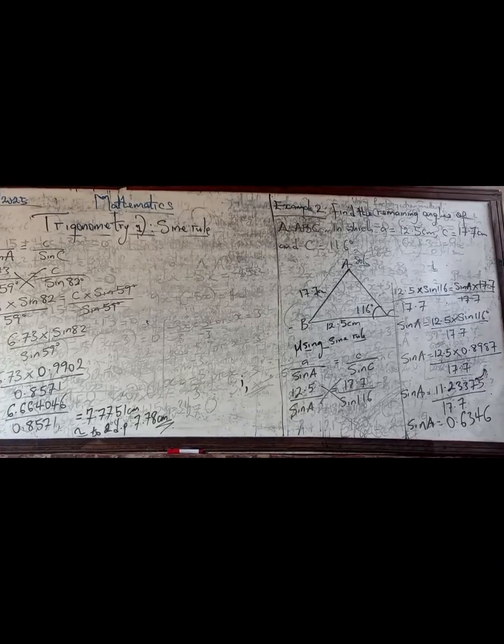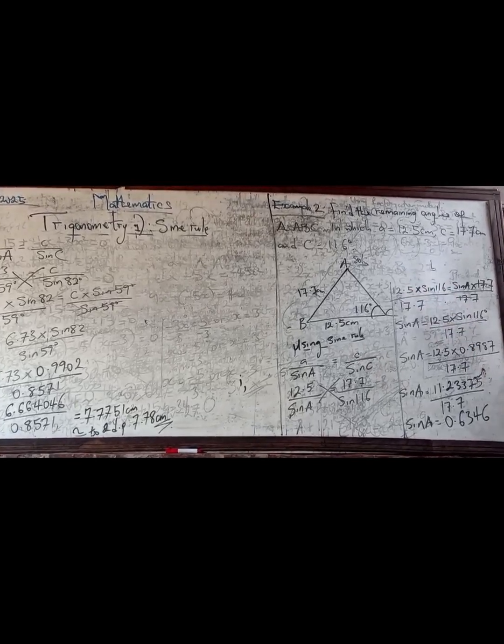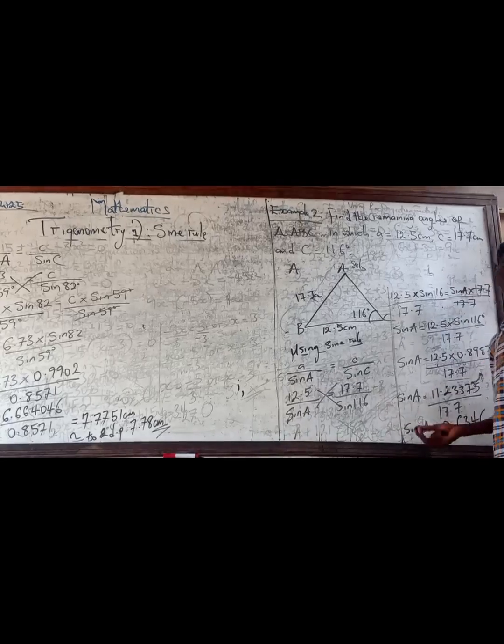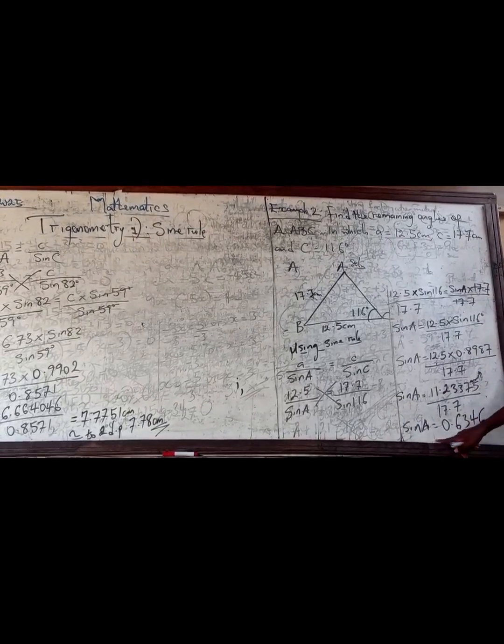Now, given that sine A is equal to 0.6346, remember we are not looking for sine A. We are only asked to find the angle A. So the angle A is just A, not sine A. So we have to find the sine inverse of this.